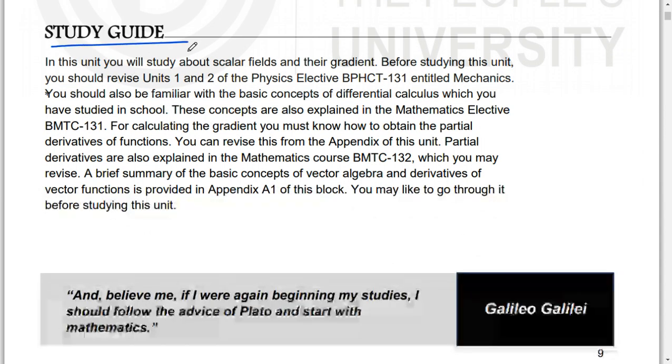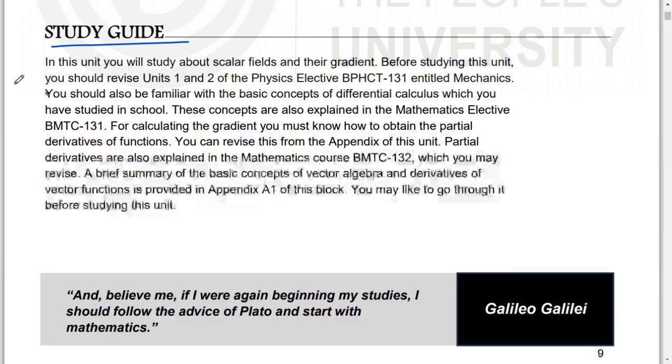Study guide. In this unit, you will study about scalar fields and their gradients. Before studying this unit, you should revise Unit 1 and 2 of the Physics elective BPHCT-133 entitled Mechanics. You should also be familiar with the basic concept of differential calculus, which you have studied in school. These concepts are also explained in the Mathematics elective BMTC 131.